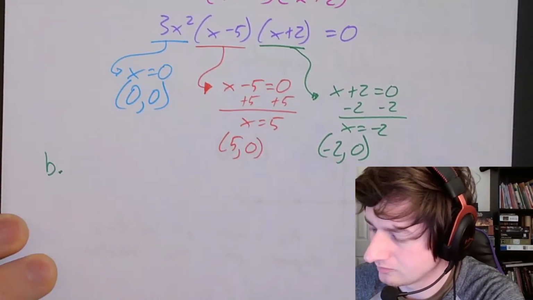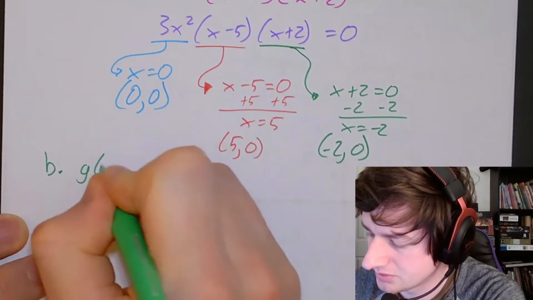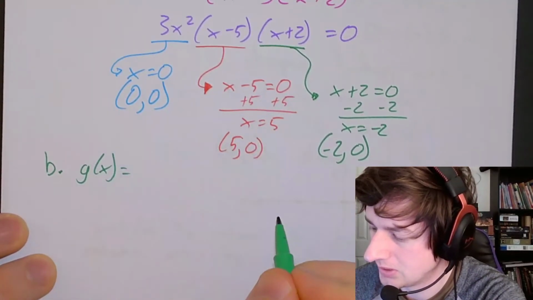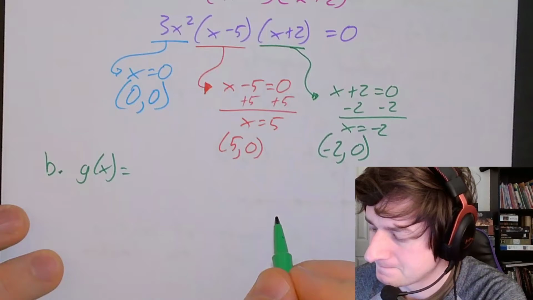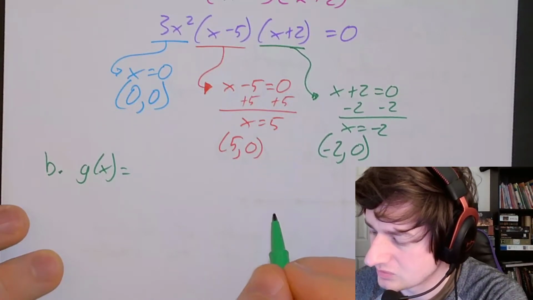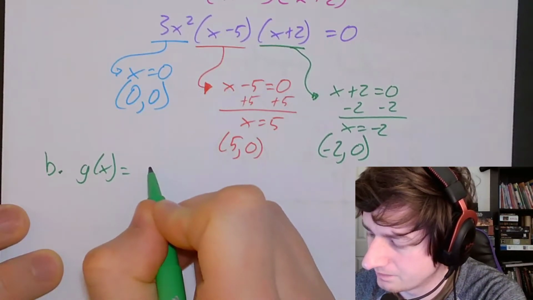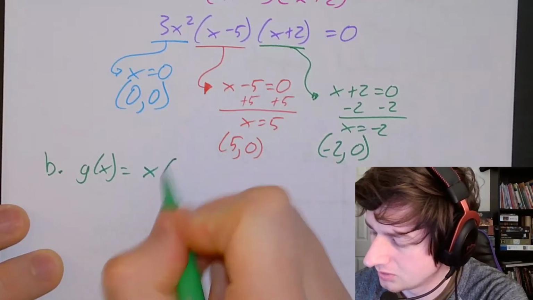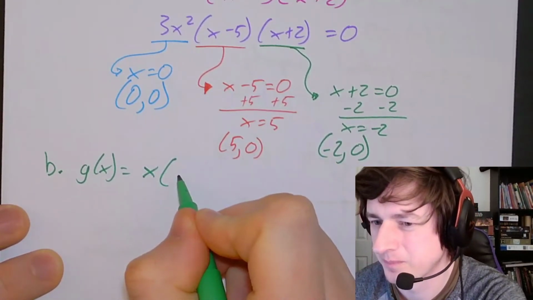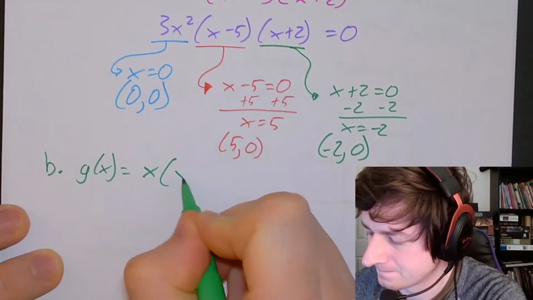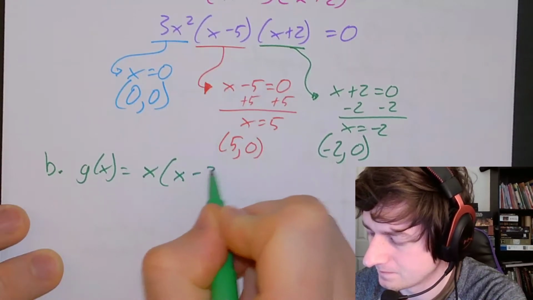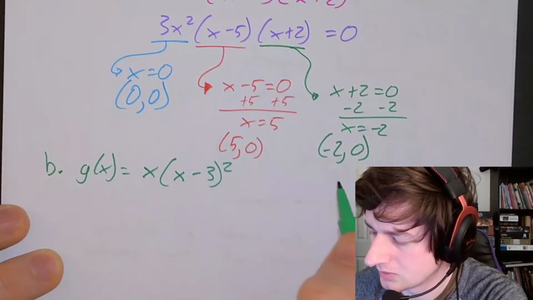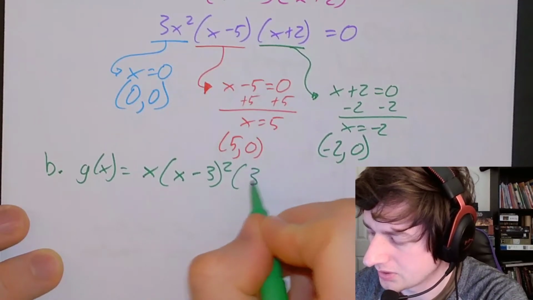B, g of x equals, let's see, let's do an x and then 3x plus 4.